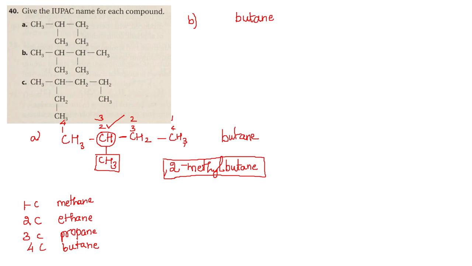The second step is you will have to number the carbon sequence. So which way can we start numbering? First of all, tell me how many substituents are in the structure. This is the parent alkane. How many substituents does the structure have? 2. So this is one substituent and this is the next substituent.